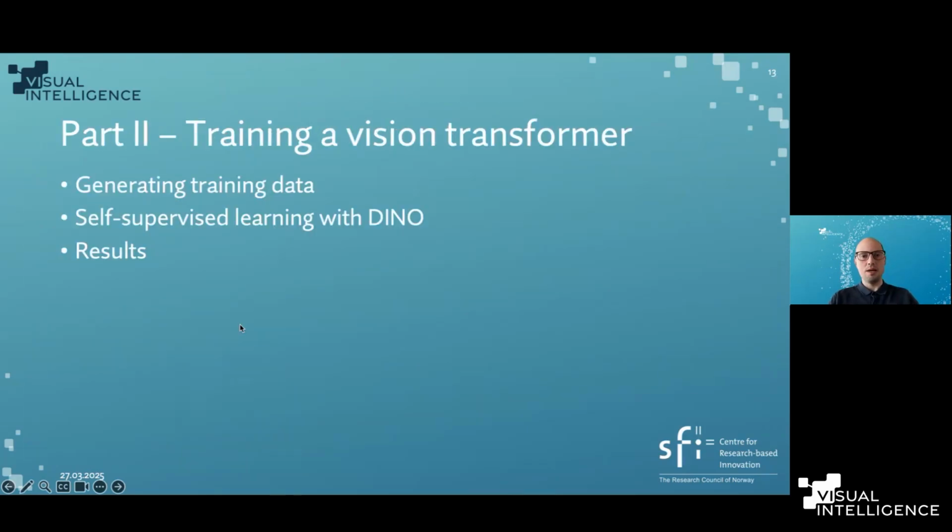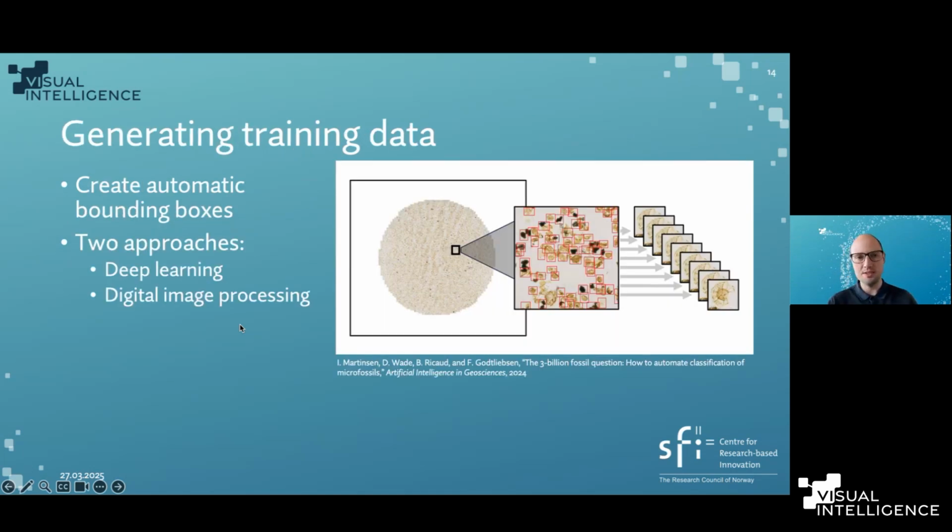Yeah, so I want to talk a little bit about the self-supervised pre-training also. Say that we have a lot of unlabeled data. We need to create the training data by creating automatic bounding boxes.